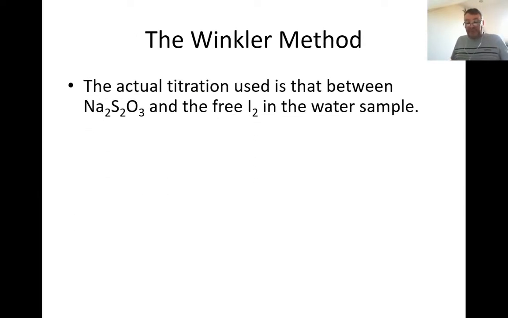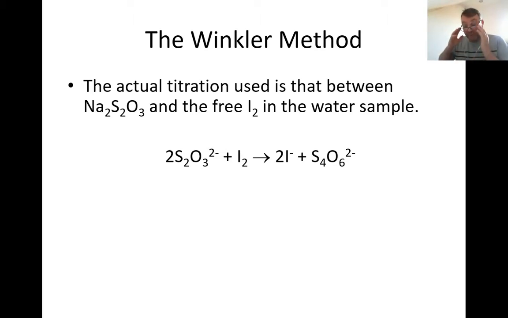Okay, so let's just finally then take a look at some of the important points. The actual titration itself that's used is between sodium thiosulfate and the free iodine in the water sample. This is an equation you already had before, and it's an equation that we will need to look at in relation to the other chemical equations that are going on in the body of water. But what you'll notice here is that there is a 2-to-1 relationship between the thiosulfate and the iodine, and that's important.